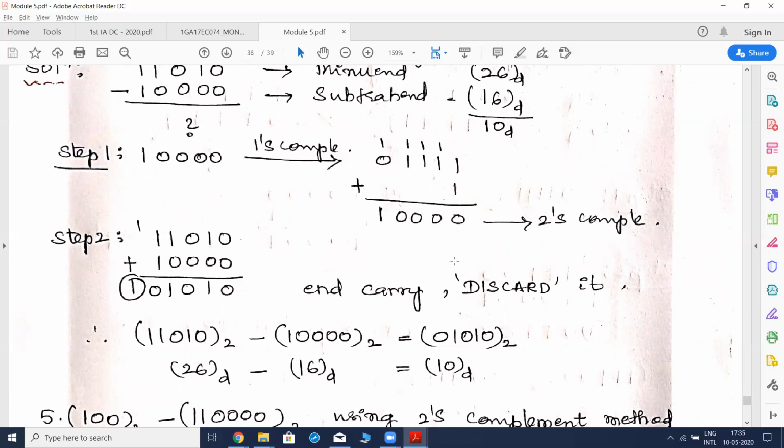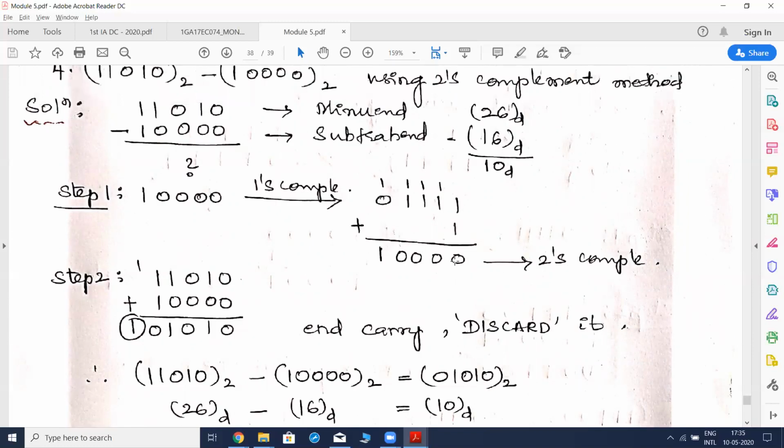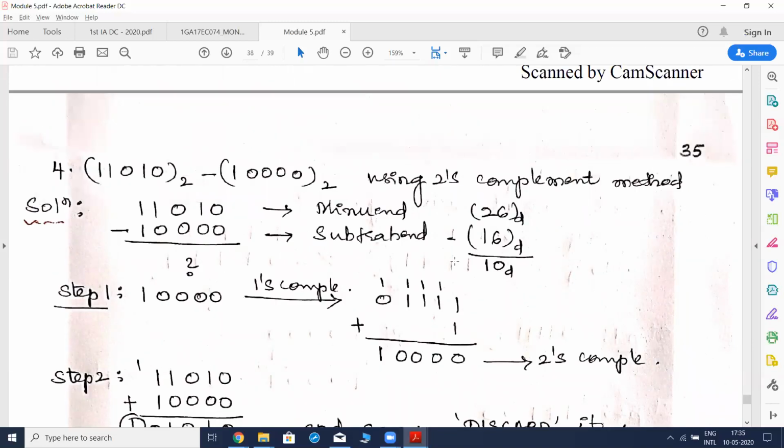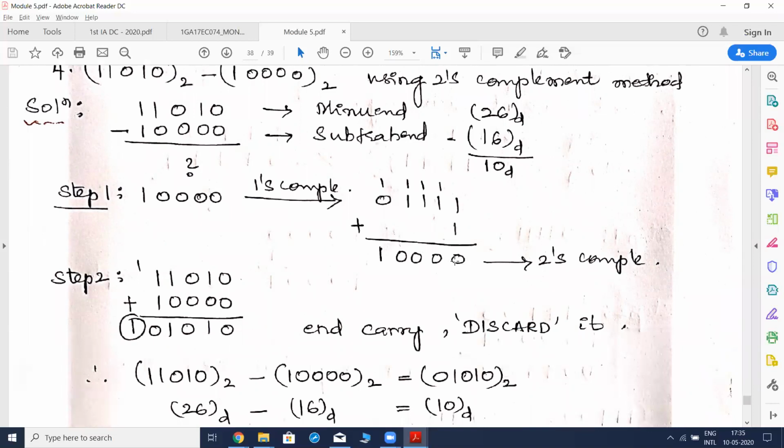So one thing that you can observe over here is, when we subtract a smaller number from a bigger number, we'll get an end carry. So when our subtrahend is less than the minuend, in step 2 we'll get one additional bit.